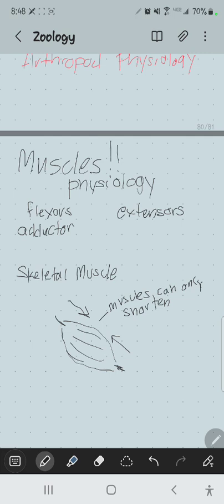The opposite, which I think would be important to know, would be a good compare and contrast question: flexion versus extension. And the reason why I think it's important is because extensors are muscles that push your limbs away. And this term is called abductors.